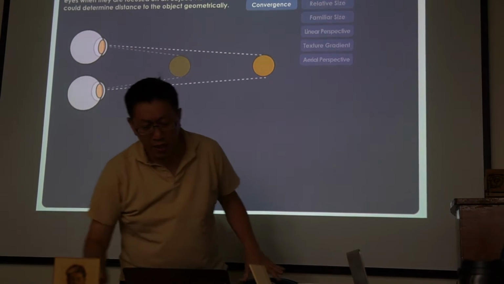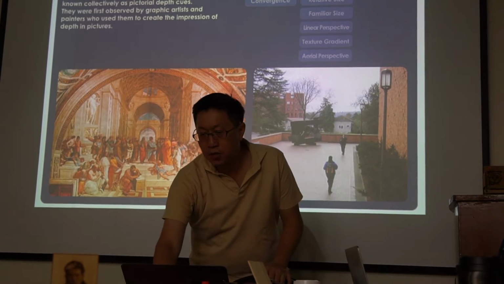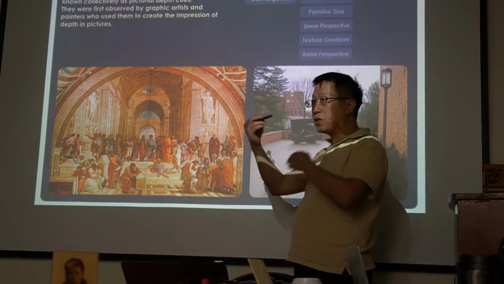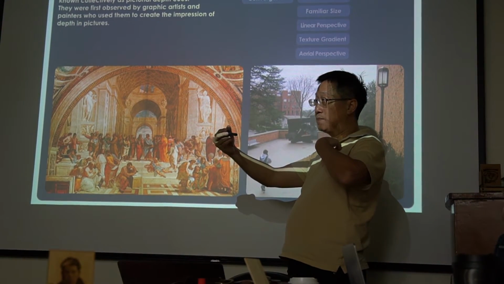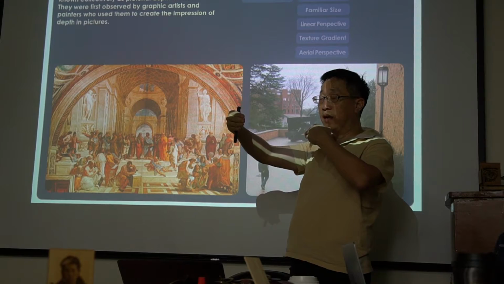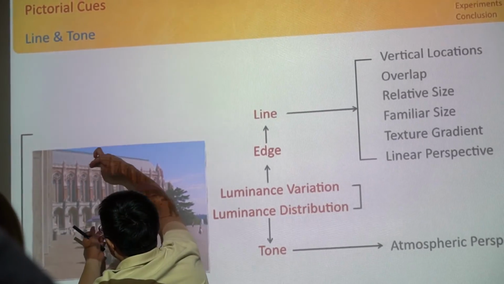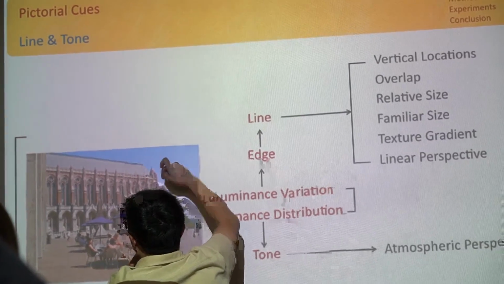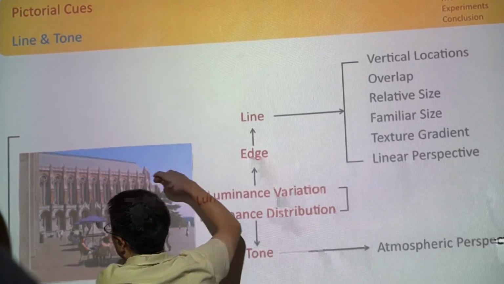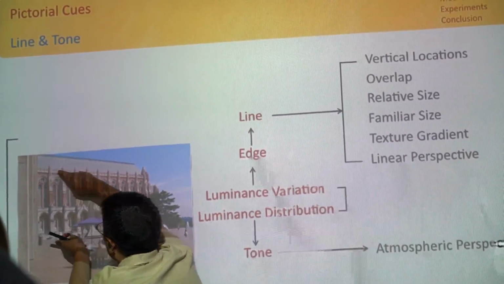Okay. So when it comes to pictorial cues, they don't give you the absolute distance. They give you the order, like which one is farther away and which one is closer to you. These get smaller, smaller, smaller, so they can be termed relative size, right? However, they just follow the perspective.